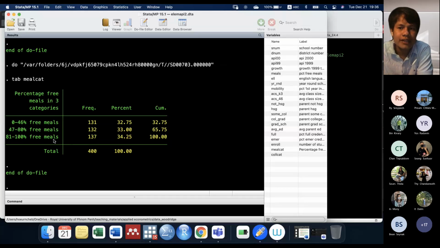So it means that the schools in the higher category are the schools with a higher rate of poor students, because the majority of students receive free meals from the state.